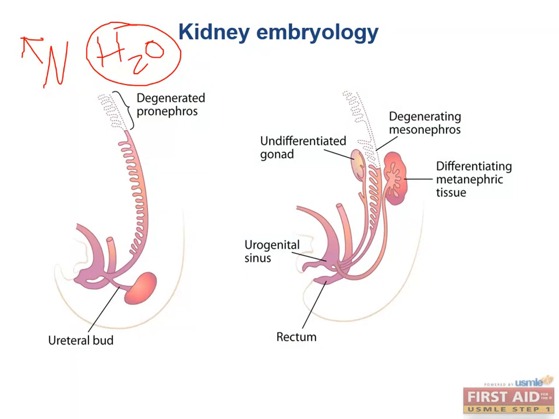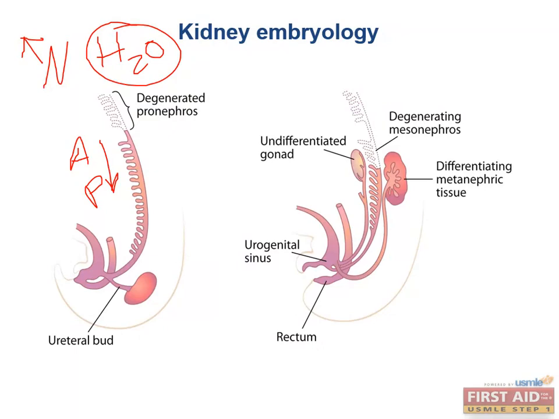Now in humans, the development of the renal system and the nephrons within the renal system occurs in a distinct anterior to posterior gradient, as is the case with the other body tissues of the fetus. And as the body of the fetus develops in this anterior to posterior gradient, the nephrons actually follow a similar pattern of development so that they can rid the fetus of its nitrogenous waste as it continues to develop.